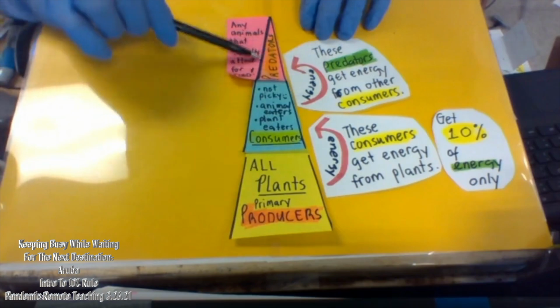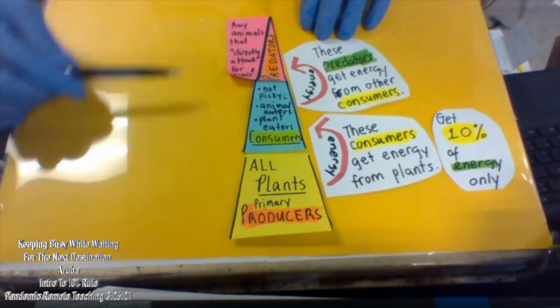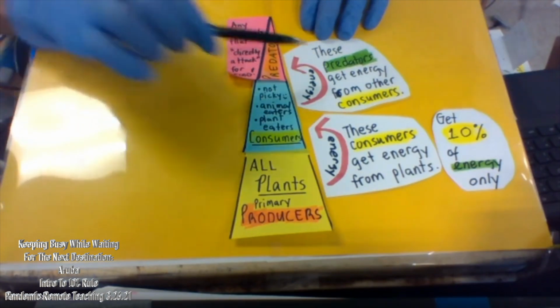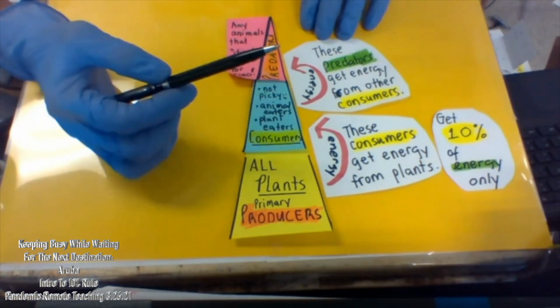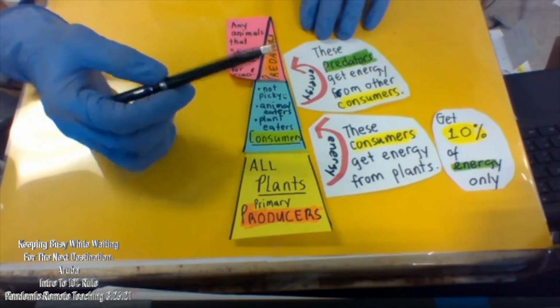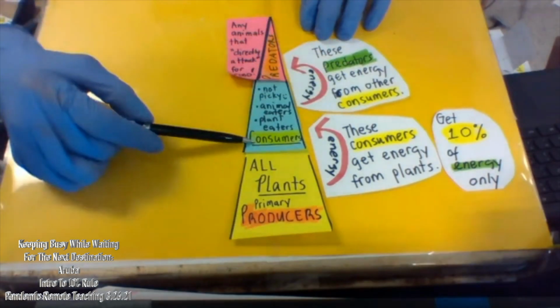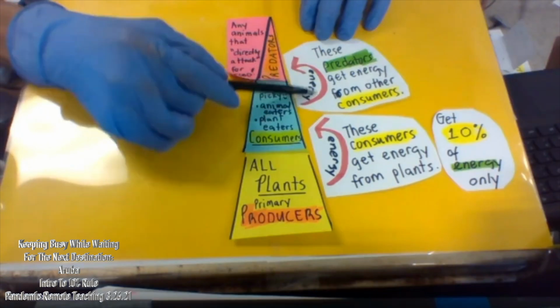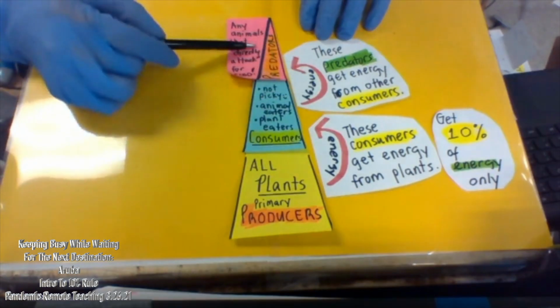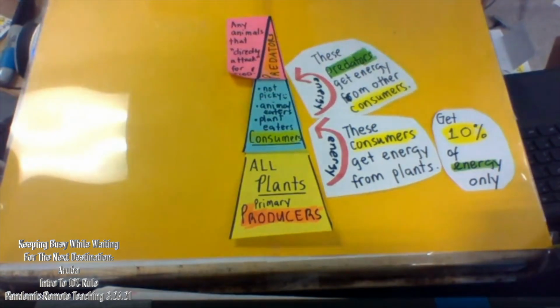And these predators, lion, rattlesnake, eagle, for instance, shark, for example, these predators get energy from the consumers. And they get only 10%. Always 10%.